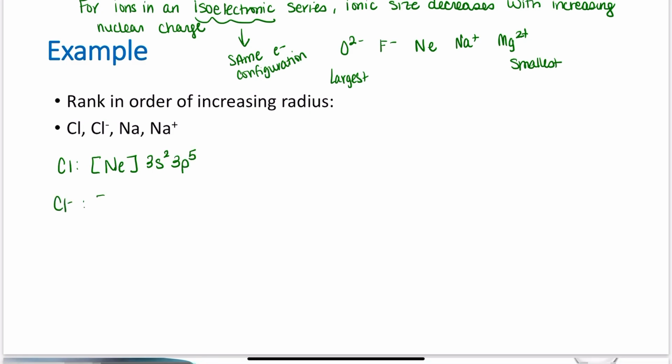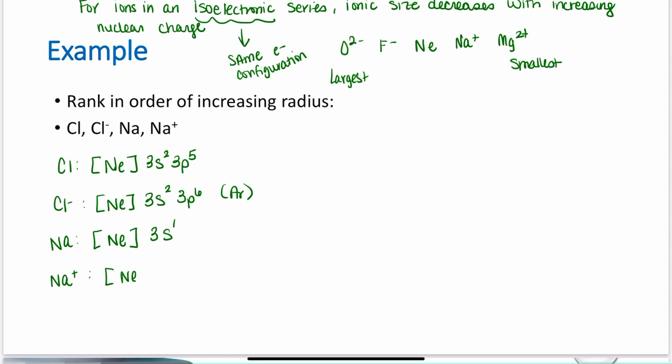Your chloride ion is neon 3s2, 3p6. It's the equivalent of argon. Sodium is neon 3s1, and sodium plus will be the equivalent of neon.